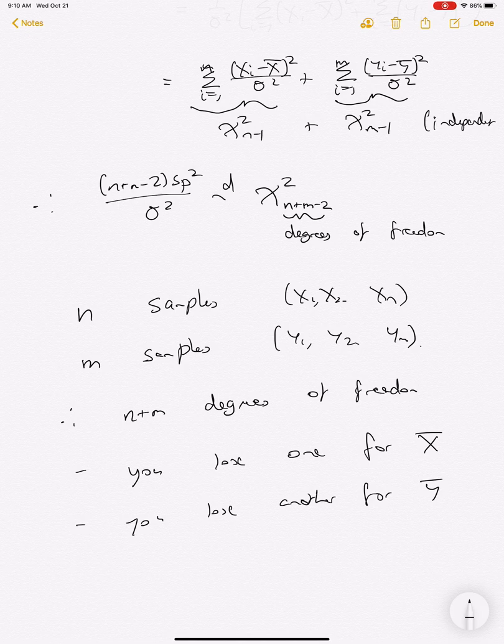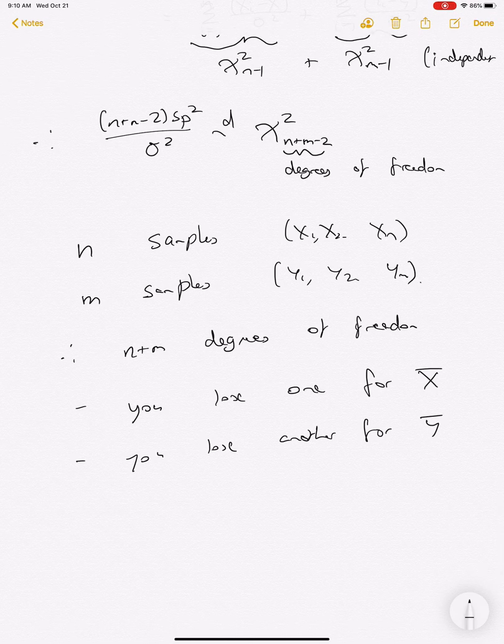Normally when you only have one sample, the chi-squared has n minus 1 degrees of freedom, because you lose 1 degree of freedom from x bar. Because we have 2 samples here and we've got x bar and y bar, you lose essentially 2 degrees of freedom, 1 for x bar and 1 for y bar. So therefore, m plus n minus 2 degrees of freedom.